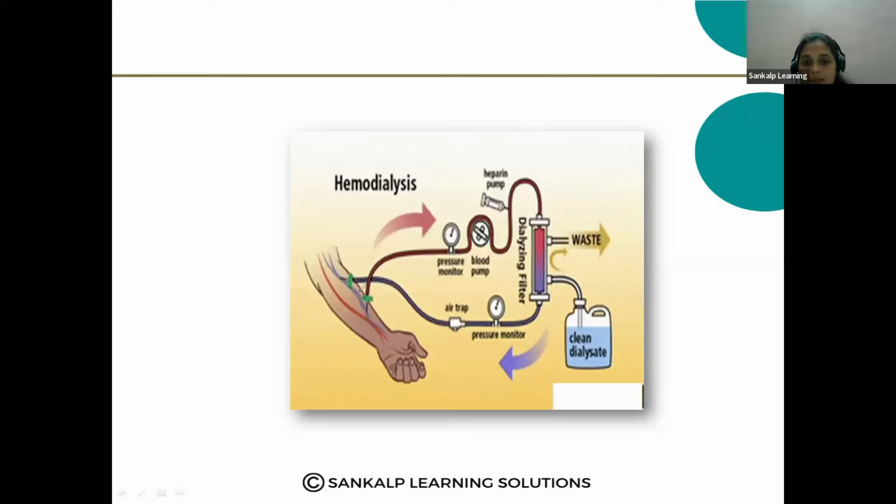The blood removed from the person's body moves to the dialyzer filter where the purification of the blood takes place. Waste products, nitrogenous waste, are removed and clean blood is collected. Then this pure blood is transported back into the human's body. So this is how dialysis is performed. If a person's kidneys are not working properly, they undergo the dialysis process.